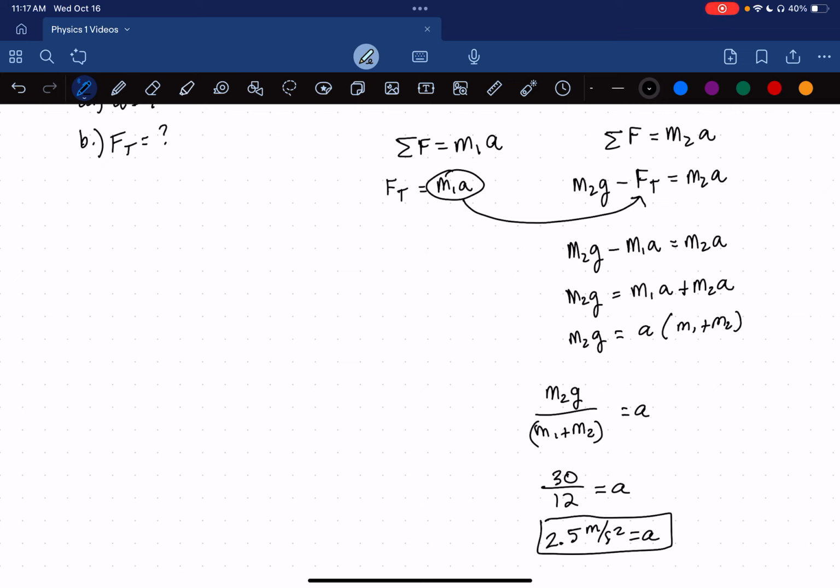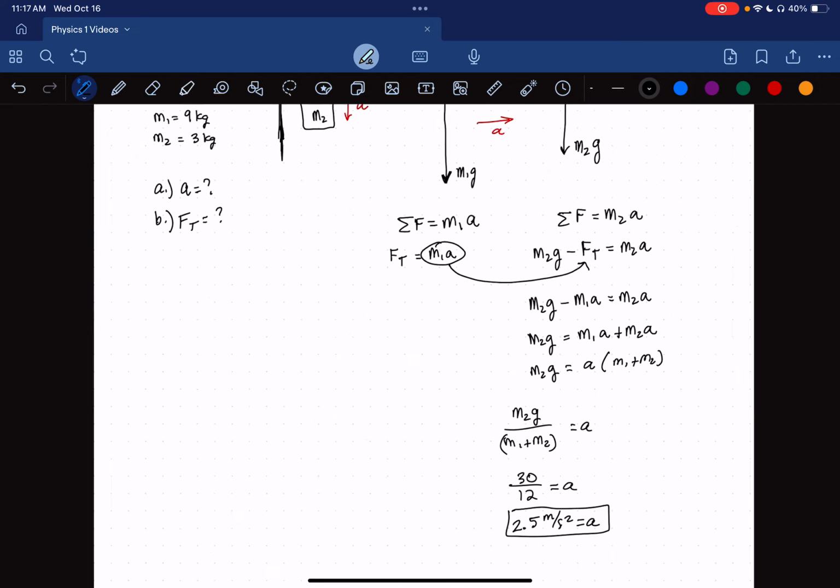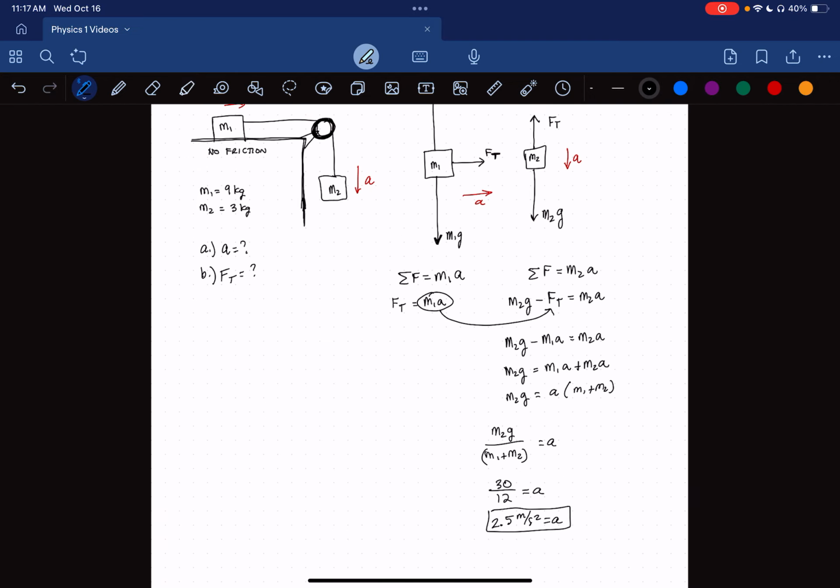Didn't have my calculator handy, so I'll get that going here. Cool, that's the acceleration. This one going down, this one going off to the right.